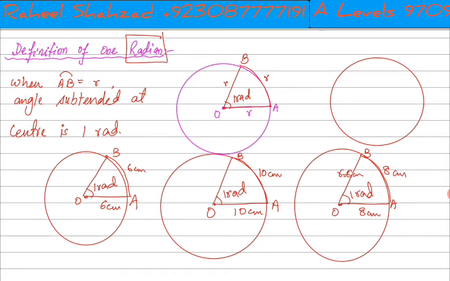Let's discuss one more case. Suppose this is a 12 centimeter radius circle. You move 12 centimeter on the circumference, and the angle subtended at the center is 1 radian. I hope the definition of 1 radian is clear, right?